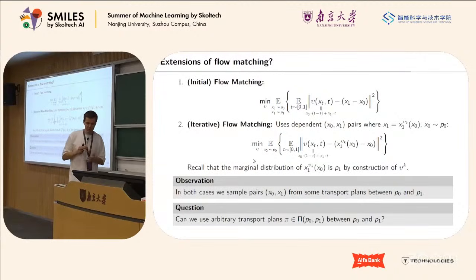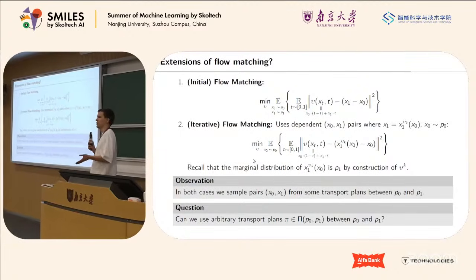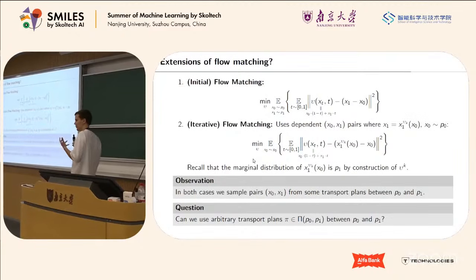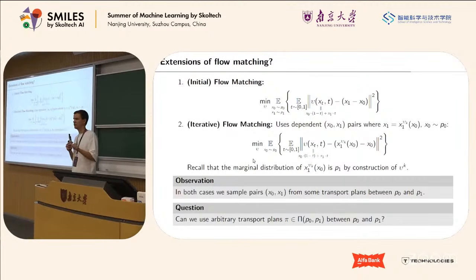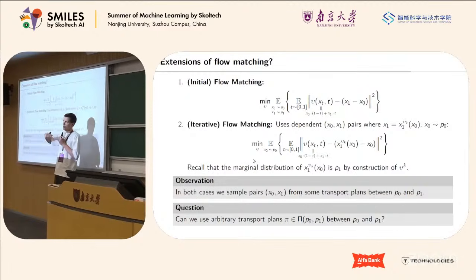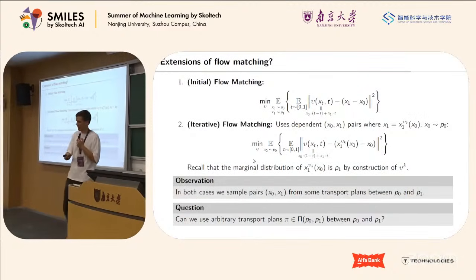So this naturally raises the question whether we can do something more general and train our flow matching model using just an arbitrary dependence between two points, x0 and x1. For example, not necessarily the independent case, and not necessarily the case where these pairs x0 and x1 are produced by a previously trained model.